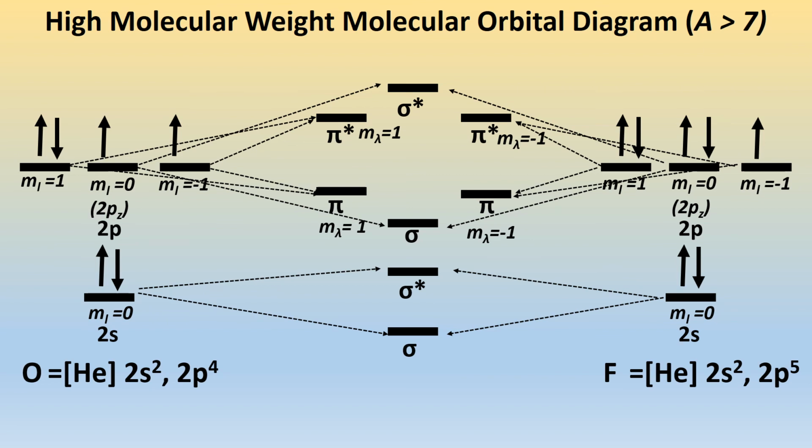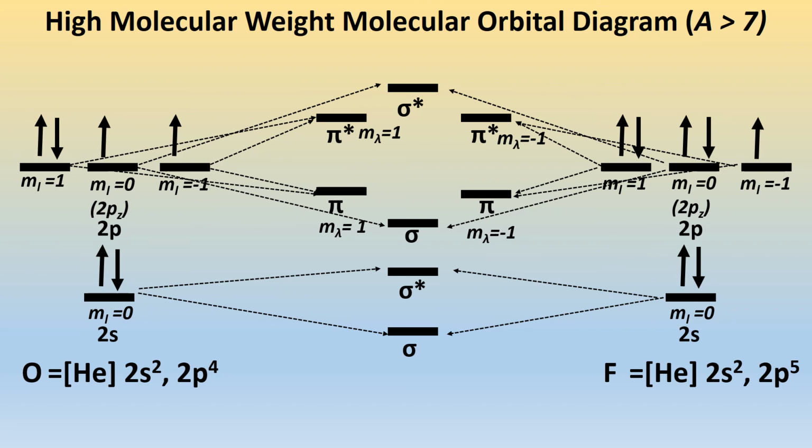In a low molecular weight compound, the upper sigma orbital is at a higher level than the pi orbitals. However, as molecules get heavier and electronegativity plays a part in it, the sigma orbital formed from the m sub l equals 0 p orbitals now lies at a lower state than the pi orbitals.